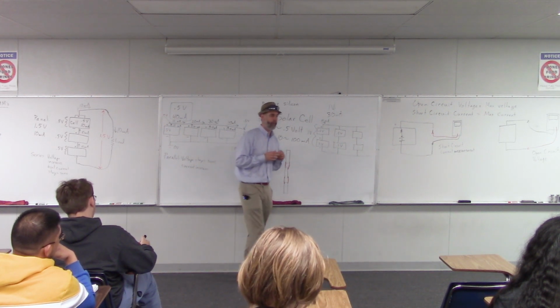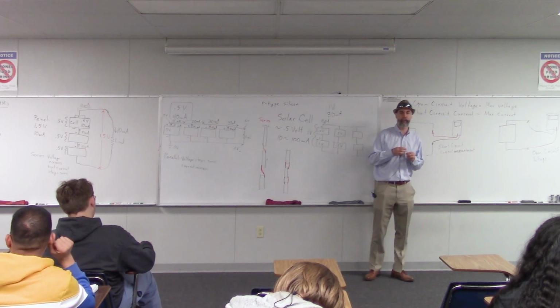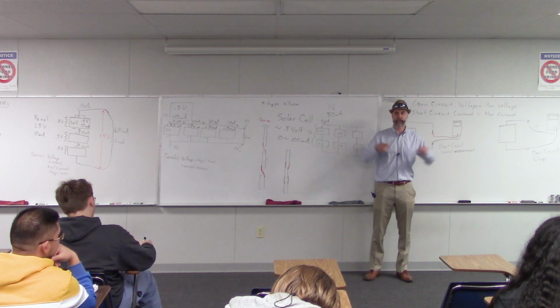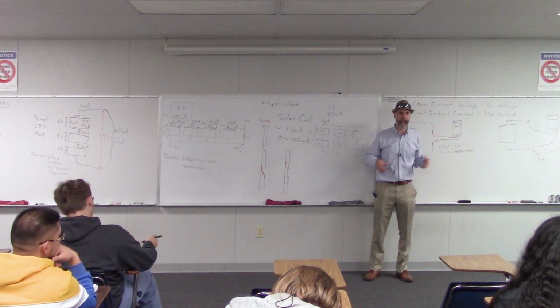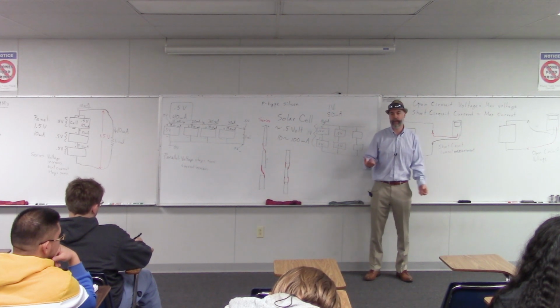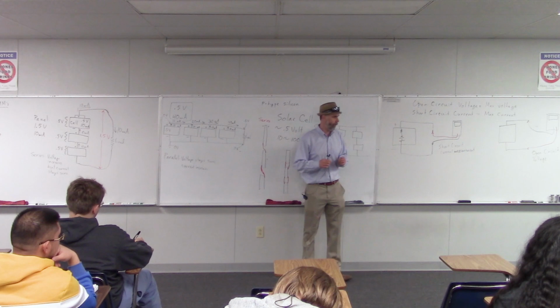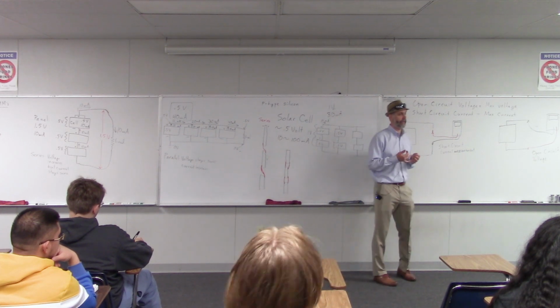Like I said, in real life, solar panels are pretty inefficient. You get maybe 10 or 15%. So if you were getting 1,000 watts of sunlight hitting that square meter, you might get 10 or 15 watts out. And there are a number of factors that affect that efficiency.